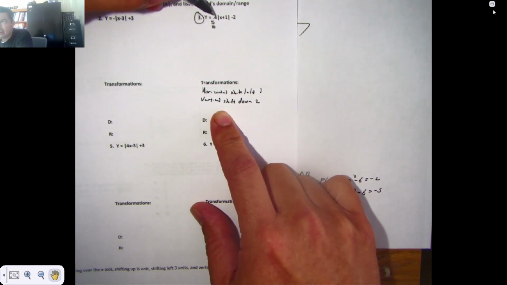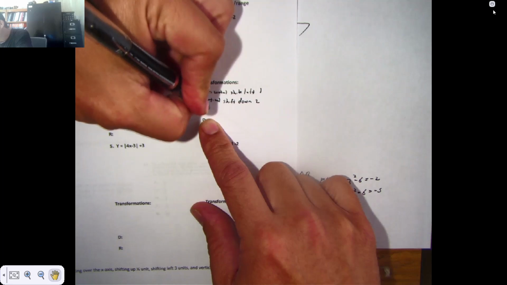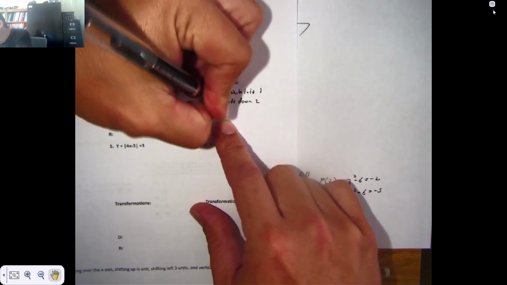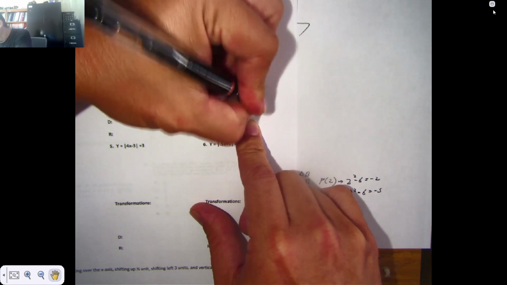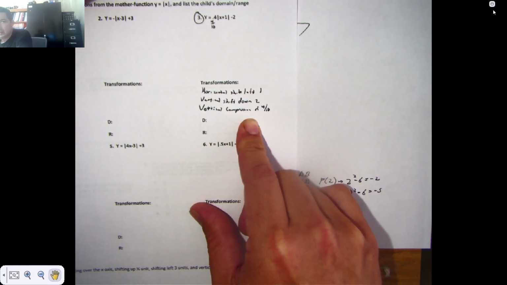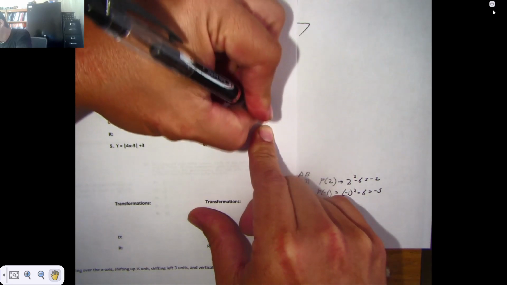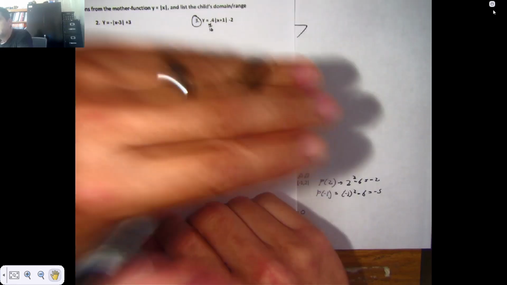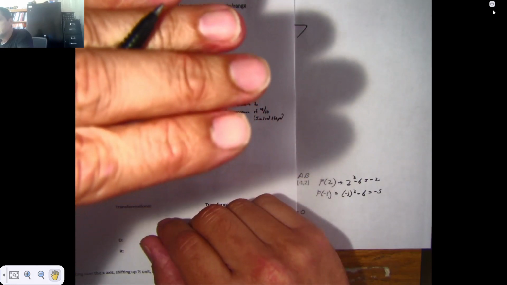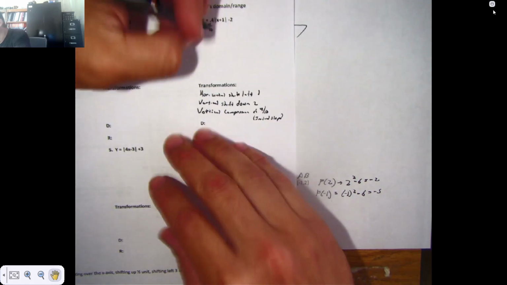Then you've got this. This is a scale factor of 4/10, or a vertical compression of 4/10. It also happens to be the initial slope. I can go up 4/10 of a unit as I go right.